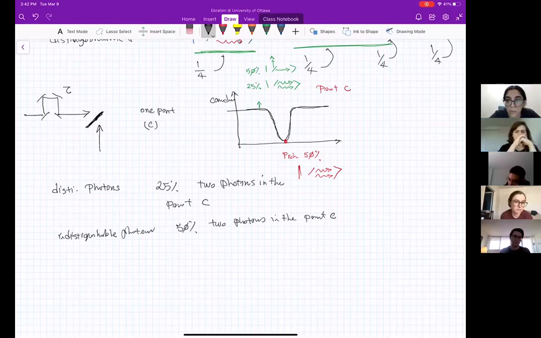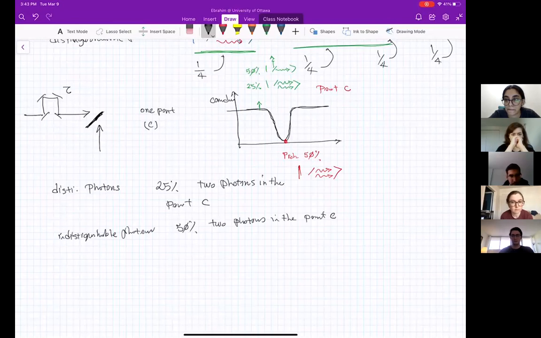Did you get the question, guys? Now I have two photons coming out from port C. And I know that in the case of indistinguishable photons, the probability is 50%, increased by a factor of 2 with respect to the case that they are distinguishable. How can I check that?